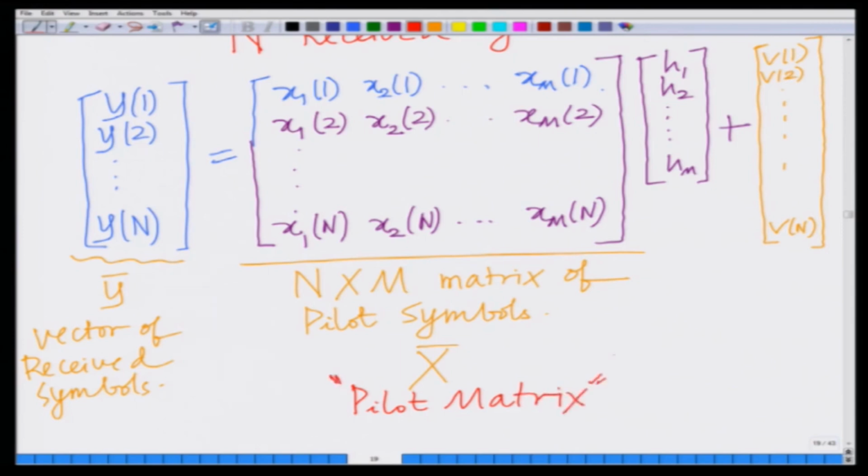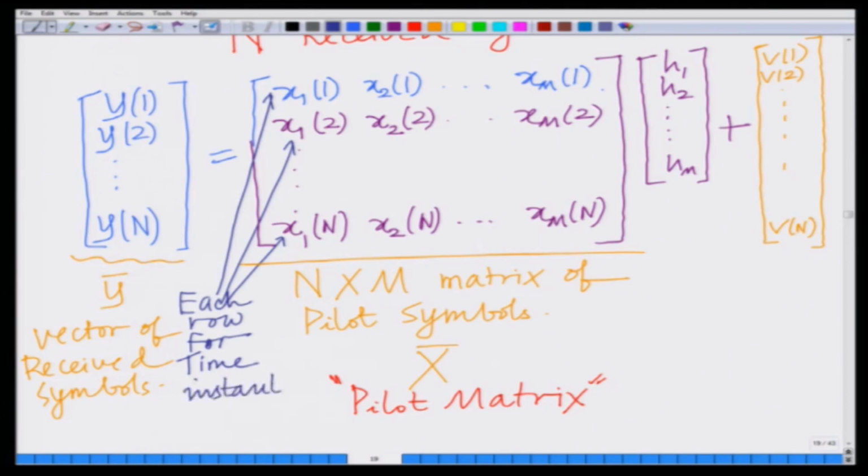And look at this, in this pilot matrix, each row corresponds to a particular time instant, and each column corresponds to an antenna.